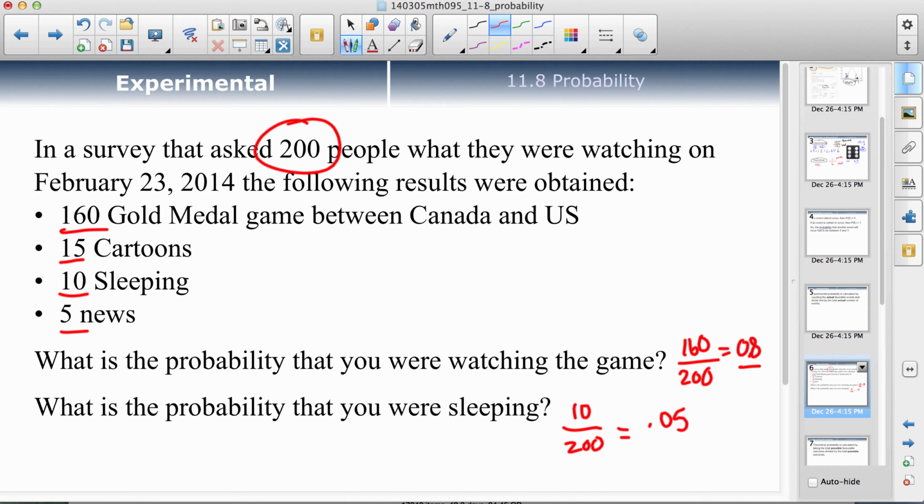Now you can convert these to percentages by multiplying by 100, and so maybe that gives you a better idea of how many people were doing it, but the probabilities are always between 0 and 1. So 0.80 were watching the game. If you actually look at the stats, that's what they said, that 80% of the people were watching that game.